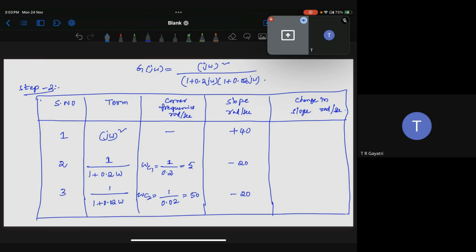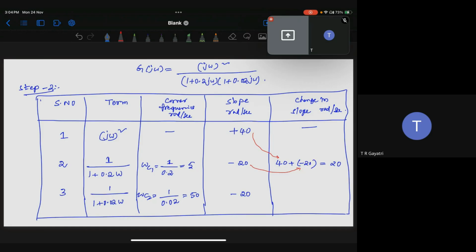Now we shall find the change in the slope. Previous to this 40 there are no other terms, so there is no slope here. Then the second slope: we take this 40 and add the next slope, so that will be 20.